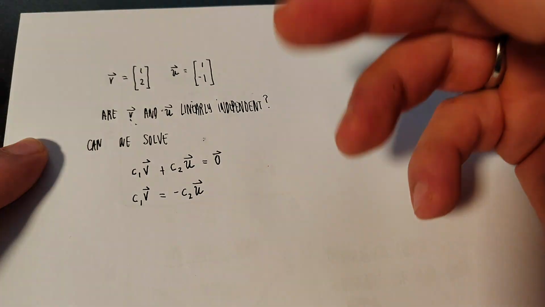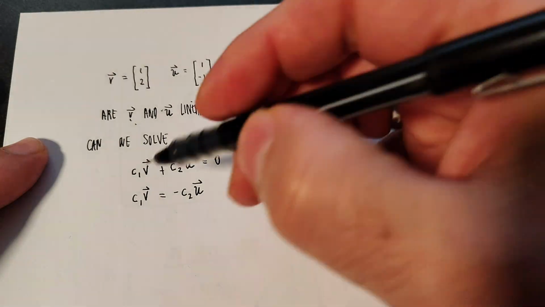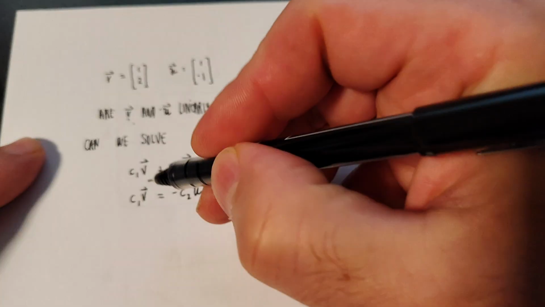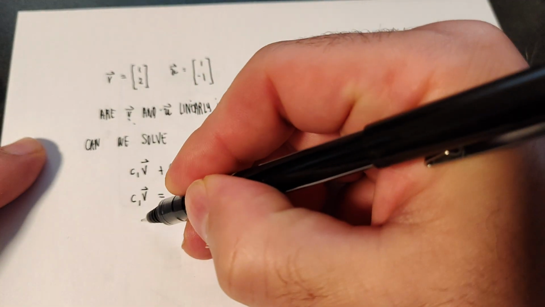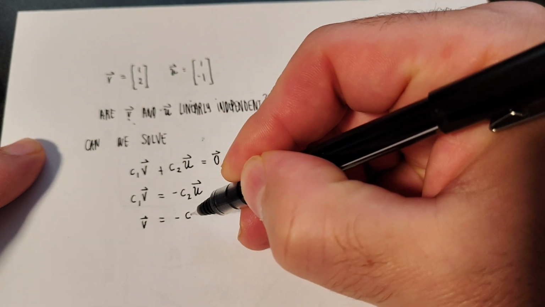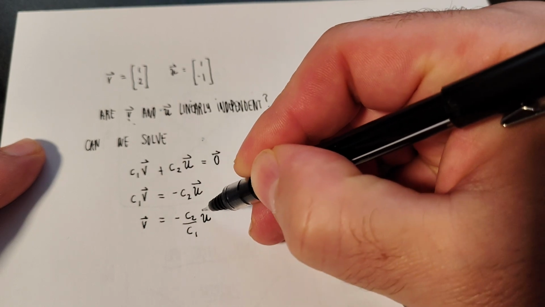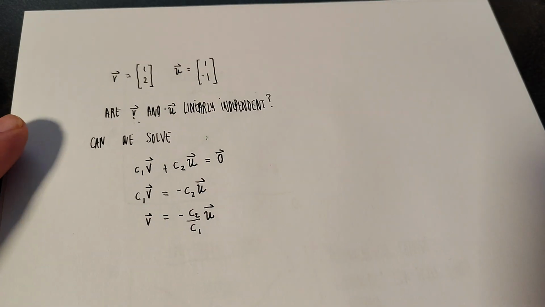And that comes from, again, the little blip above section 4 on page 7. And so then we want to divide both sides by C1, and we get V is equal to negative C2 over C1 U. Right?